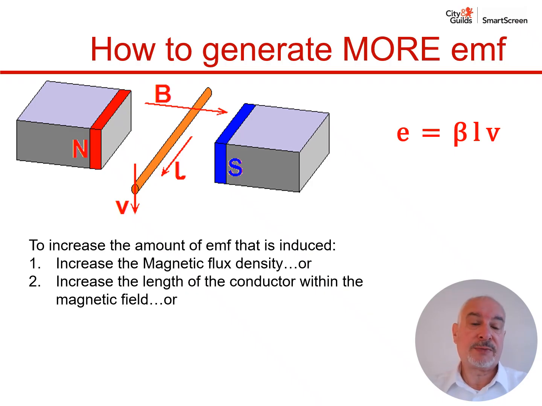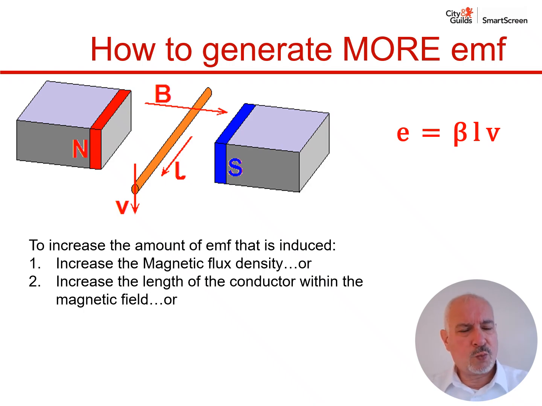And that's necessary because the conductor will have to form part of a circuit in order that once we have induced EMF, that current can flow. But some of that conductor is not going to be within the magnetic field. And it's only the part of the conductor within the magnetic field that is going to induce EMF. So the length is the length of the conductor within the magnetic field. If we increase that, we can increase the induced EMF.